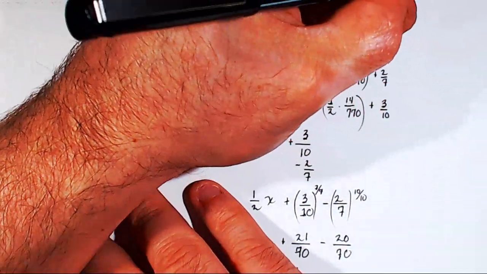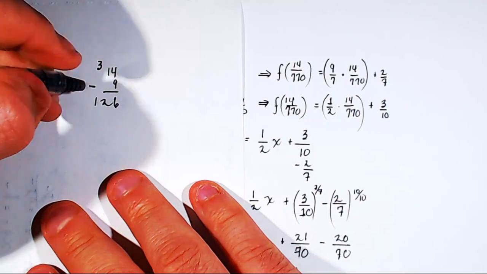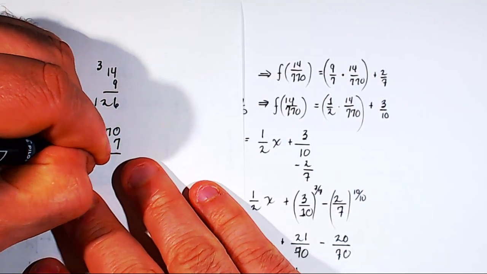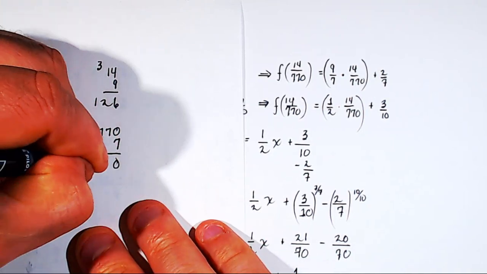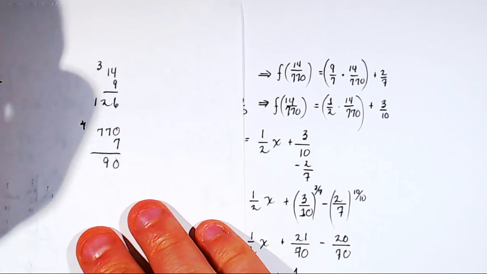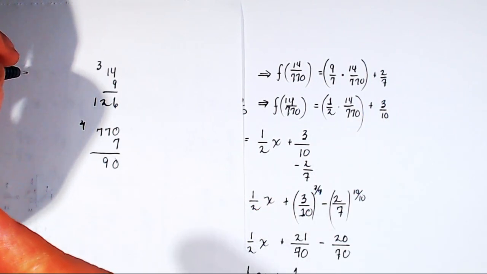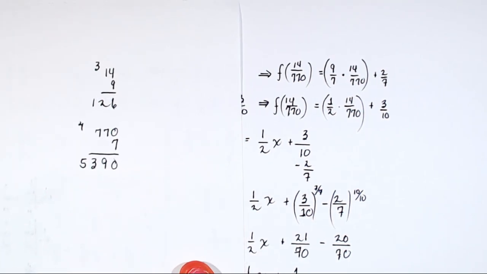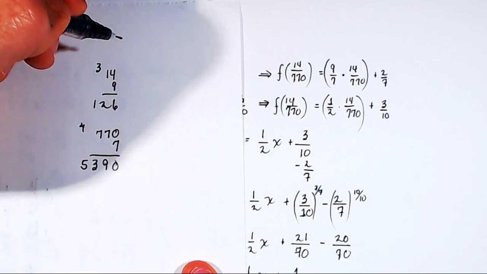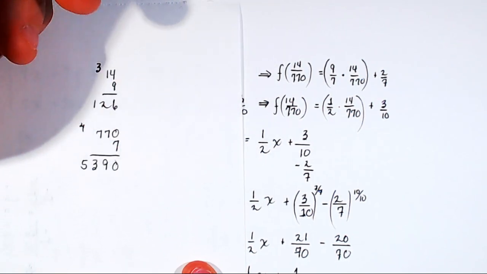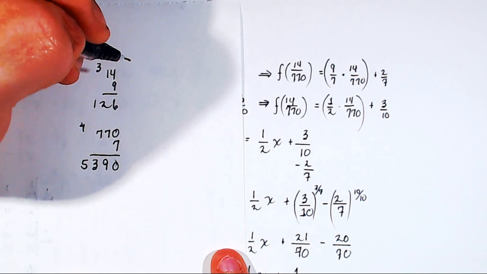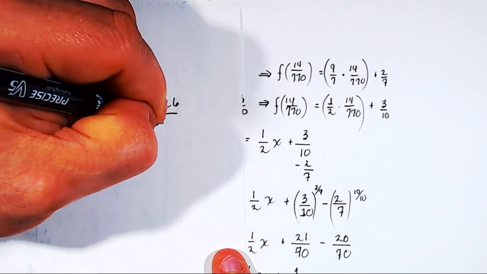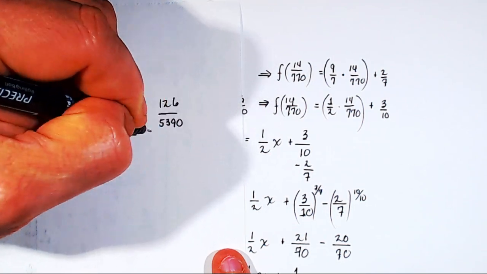Okay, and then 7 times 770 is 5390. So I'm left with my fraction 9/7 times 14 over 770 is equal to 126 over 5390.